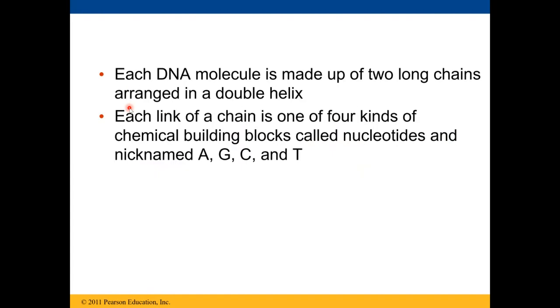A DNA molecule is made up of two long chains arranged in a double helix. So we say that DNA is a double-stranded molecule. That means it's got two chains linked together in a double helix. A helical shape is twisted like a spiral staircase. If we think of the DNA molecule as a ladder, you have the rails where you put your hands, and the rungs where you put your feet.